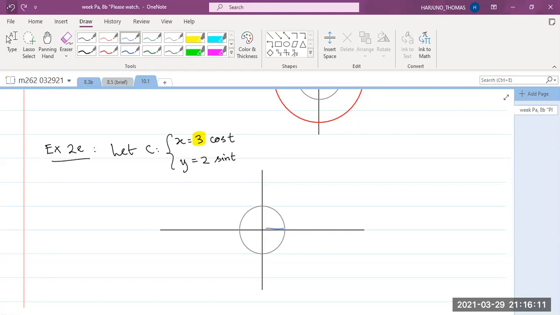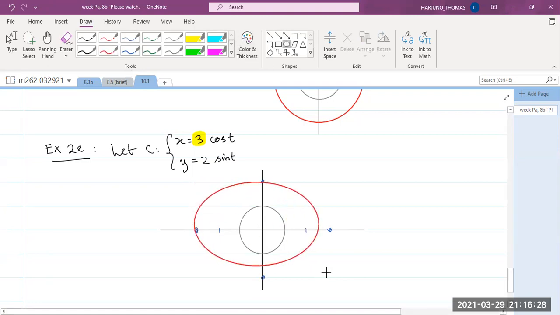You extend that by a factor of 3 horizontally, and vertically by a factor of 2. Now you will see an ellipse.